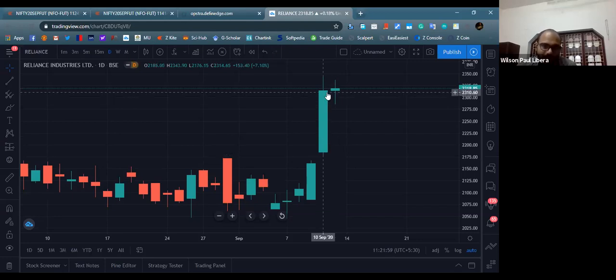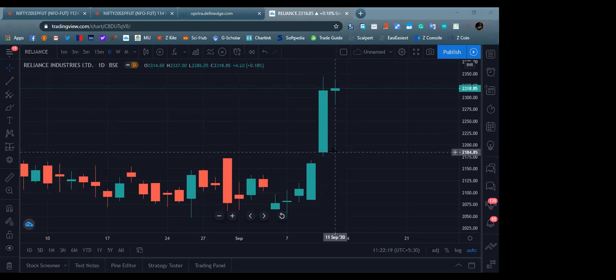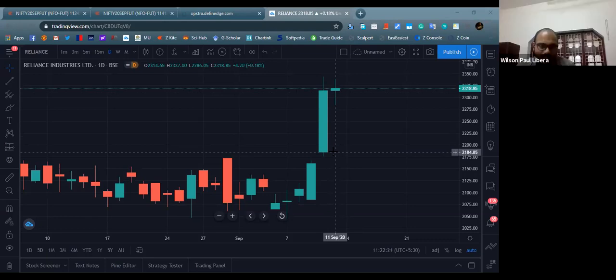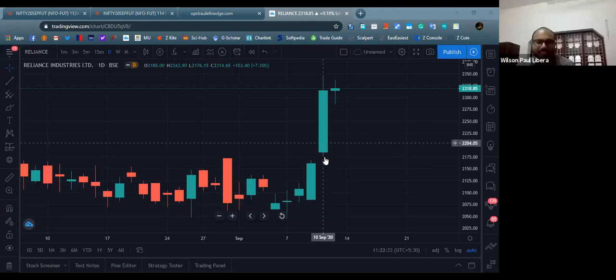The prices were even taken up to the high of 2,343 by the buyers, but since they couldn't hold it there, the sellers came in and pushed the price back down. So we can picture it like the market opened at 2,185, then sellers took it to around 2,176, and then the buyers came in.